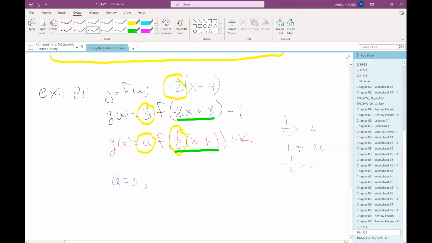And C has to be -1/2. Everybody okay with that? The easier way to think about it, though, is that -2 has to be the reciprocal of C, right? So I'll just take the reciprocal of -2, and that's my C, -1/2.